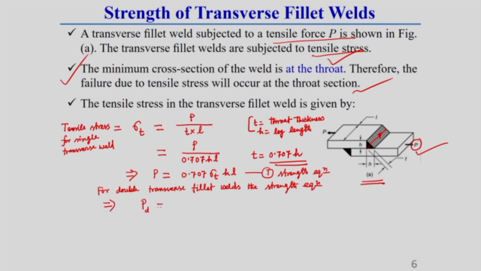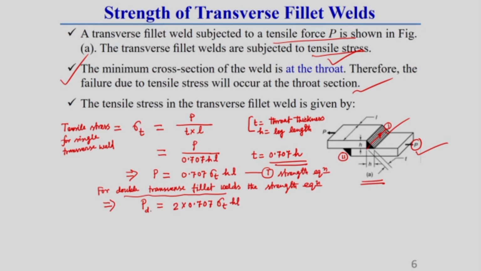So, P d for the double fillet weld will be 2 into, because there are 2 equal length welds, on both sides of the 2 plates. So, this is one fillet weld, this is another fillet weld. So, the strength equation for the double fillet weld will be 2 into 0.707 sigma T into H into L.